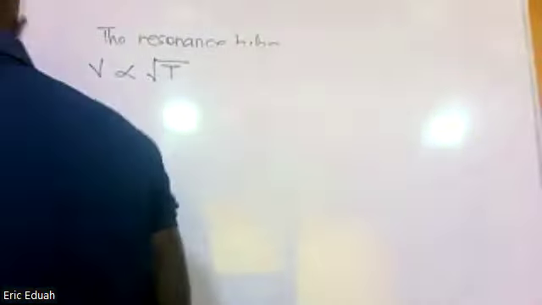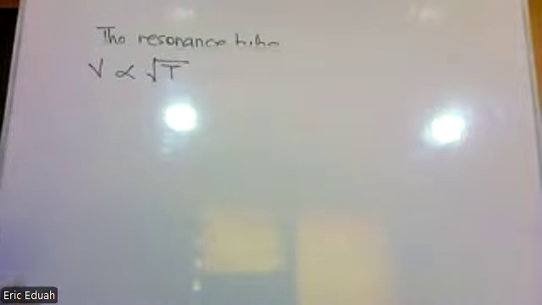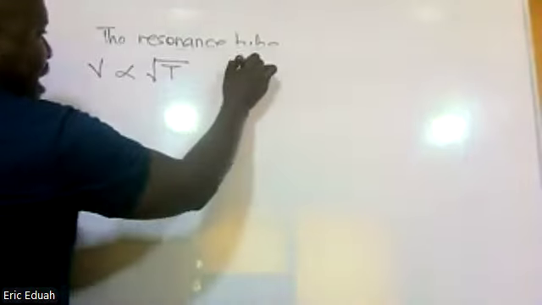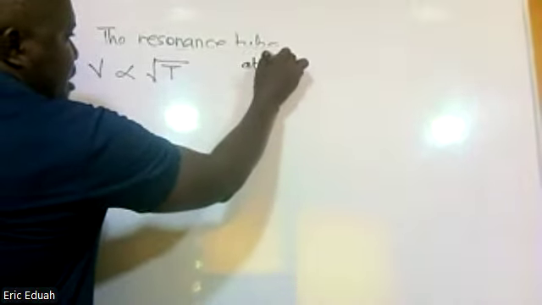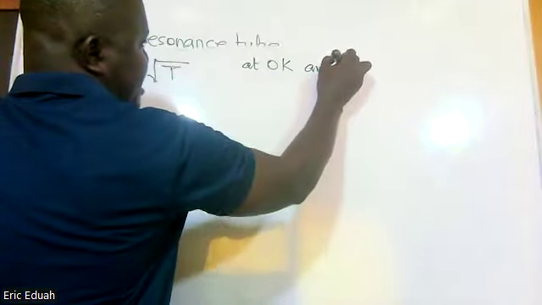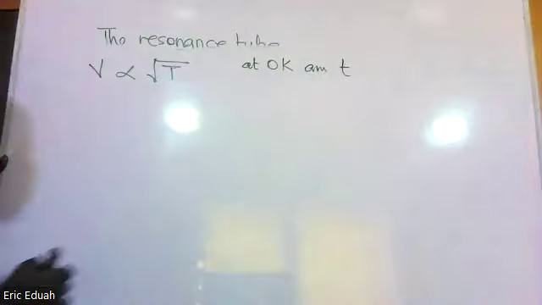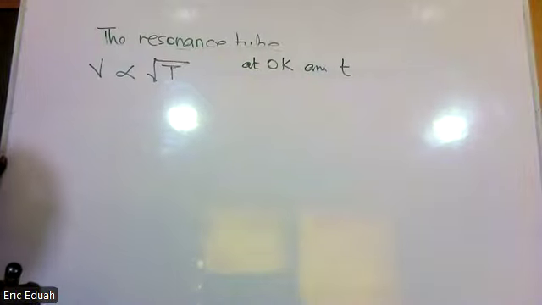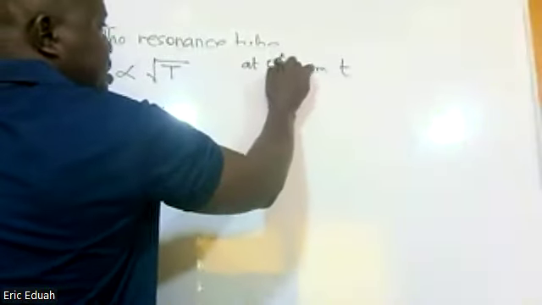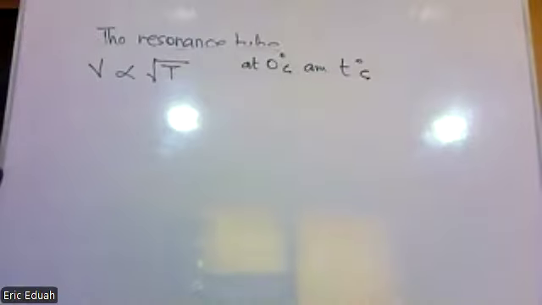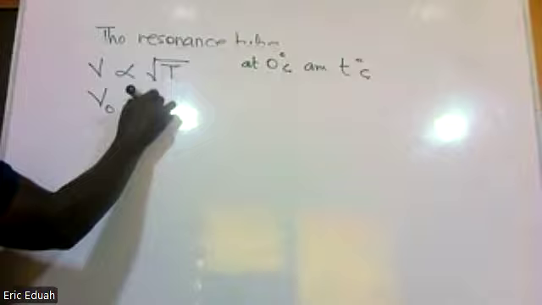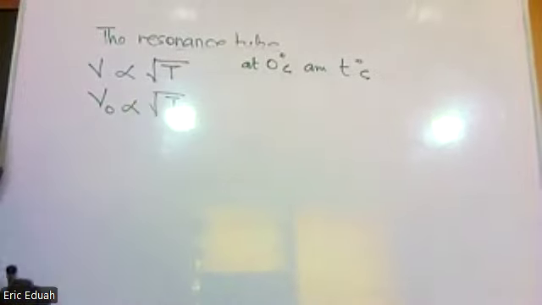Okay. So it means that if you consider two different temperatures, a temperature at 0 degrees Celsius and T degrees Celsius, we have V at 0 being directly proportional to √T at 0.